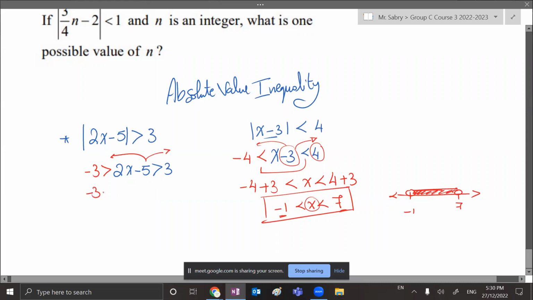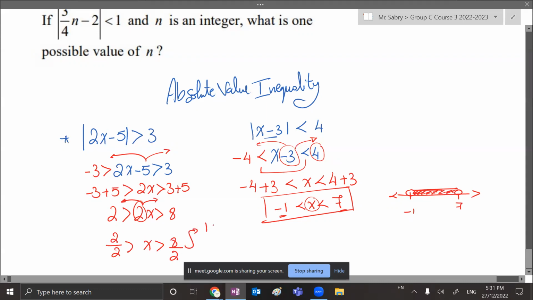So it becomes -3 plus 5, then the 2x, and then 3 plus 5. -3 plus 5 is just 2, and 3 plus 5 is 8. The 2 then goes to the other side, which are both sides now, by division. So it becomes 2 over 2, then x, then 8 over 2, which leads me to 1 bigger than x, and then x is bigger than 4.